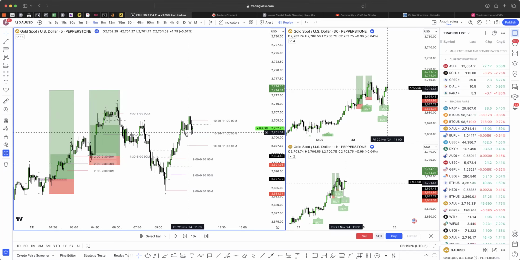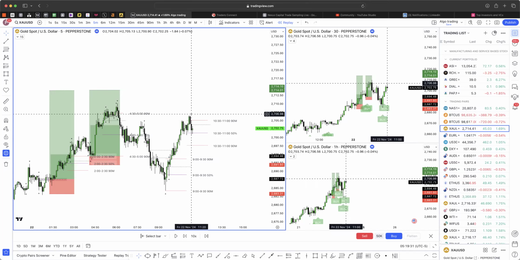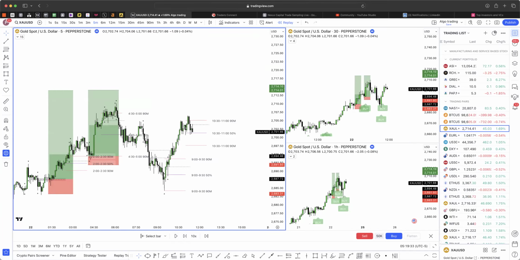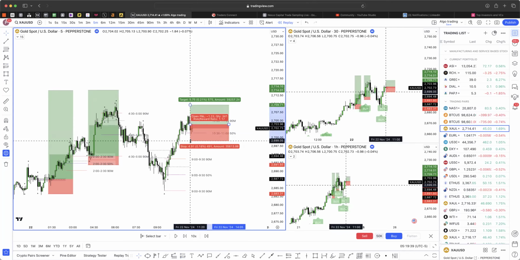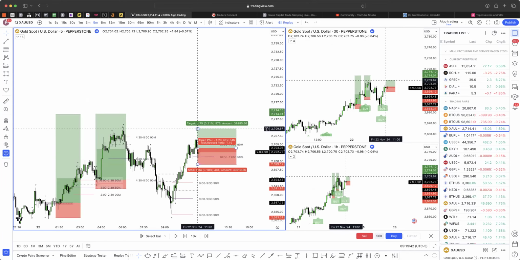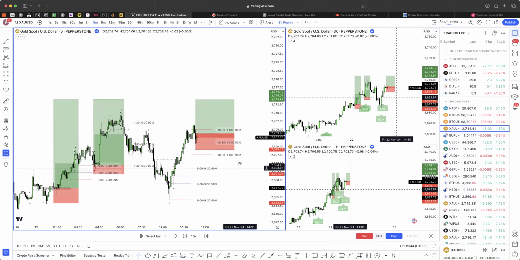So what I did was, when price broke higher right there, I waited. See this? We broke up, induced. I went long. I bought here, stop loss at the 75%, and I kept my TP at this point.